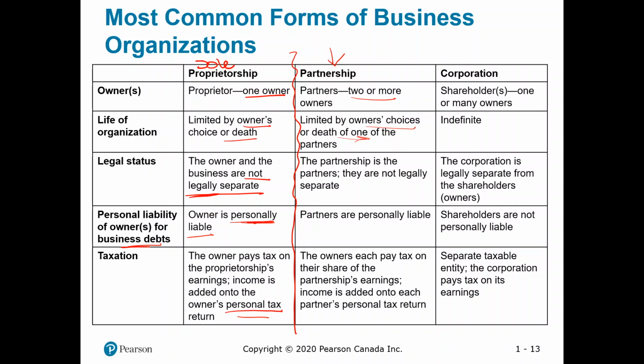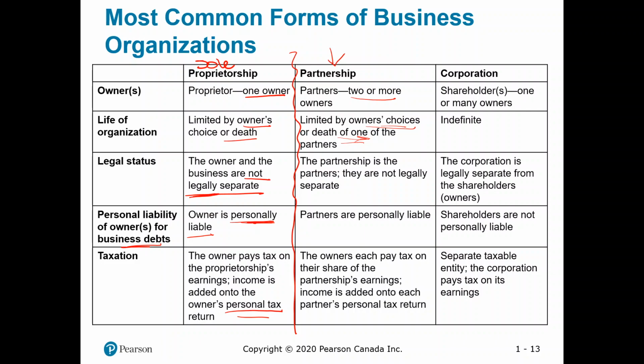So while that specific partnership would end if one of them decides to leave or one passes away, it doesn't mean the other partner has to stop operating. They would just close the accounting records when one of the partners chose to leave and new records would be started. So the life of each particular partnership is limited by the owner's choice or the death of one of the partners.